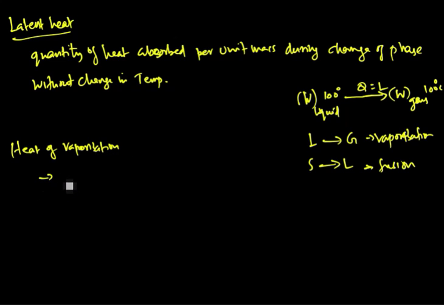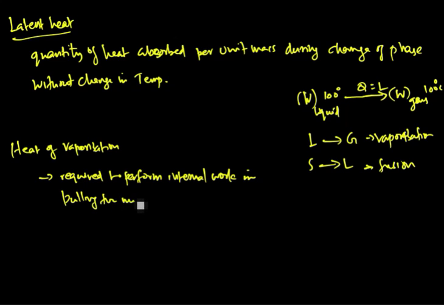One is the heat required to perform internal work in pulling the molecules apart. So when molecules are pulled apart, the internal potential energy will change. So this part is actually the change in internal energy, Uf minus Ui.